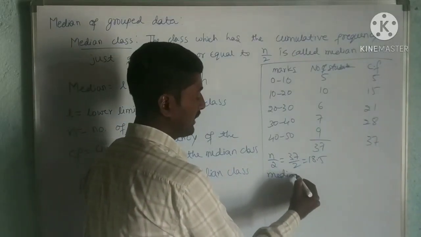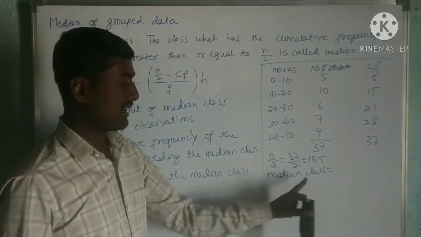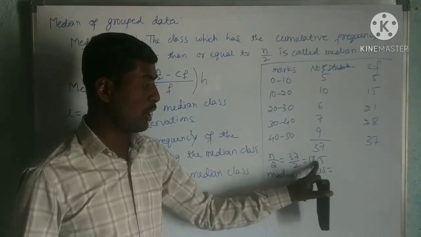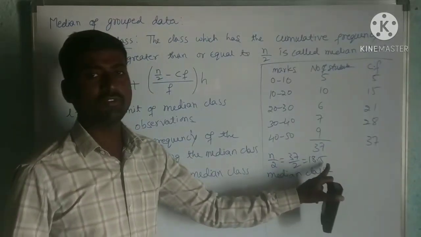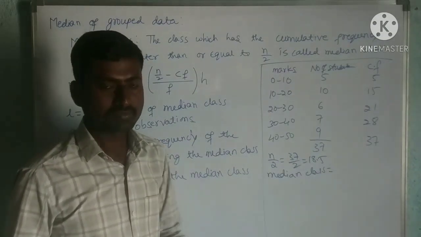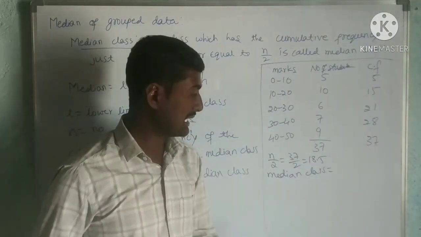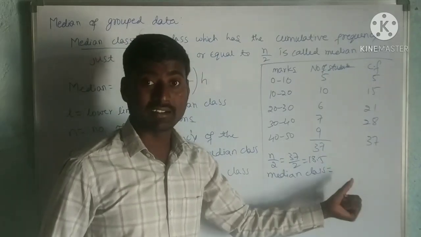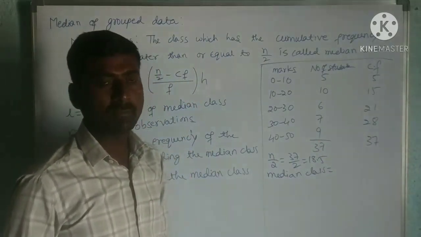Find that first. The median class is the class which has the cumulative frequency just greater than or equal to n by 2. Initially I had taken it as 16.5, which was wrong. Actually it is 18.5. So I have to observe the cumulative frequency column, where the value must be just greater than or equal to 18.5.